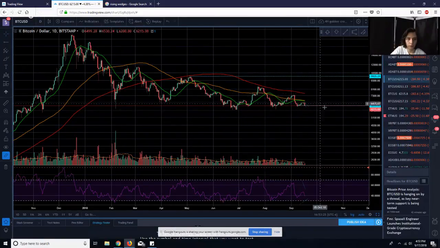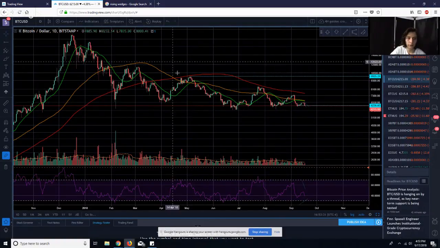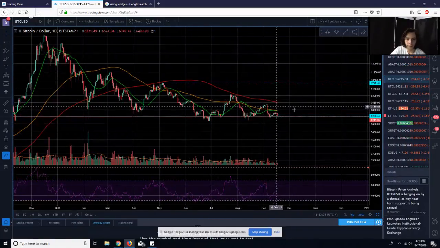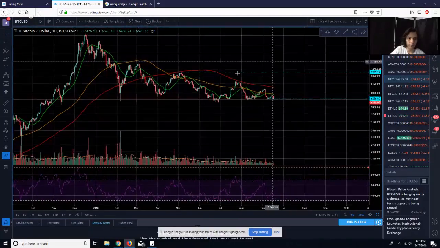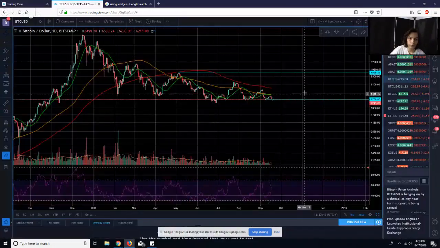Also, while Bitcoin is going down, you can have your money in something else. It's better to buy in when there's a clear indication that we're going up. Right now there is no clear indication, but like I said, above 10,000 would be a clear indication that we're going up. That's just what I think.